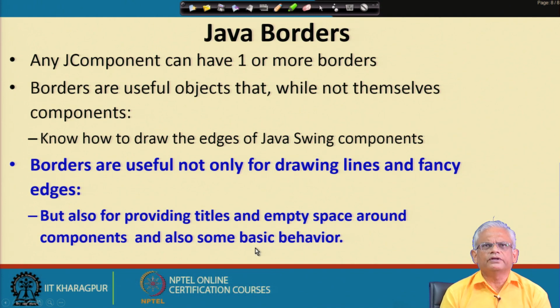The basic behavior can be to minimize, to maximize, to fill the entire screen, make it into an icon by minimizing, to delete by pressing a cross and so on. These are some of the basic behaviors that the border can give to a component.